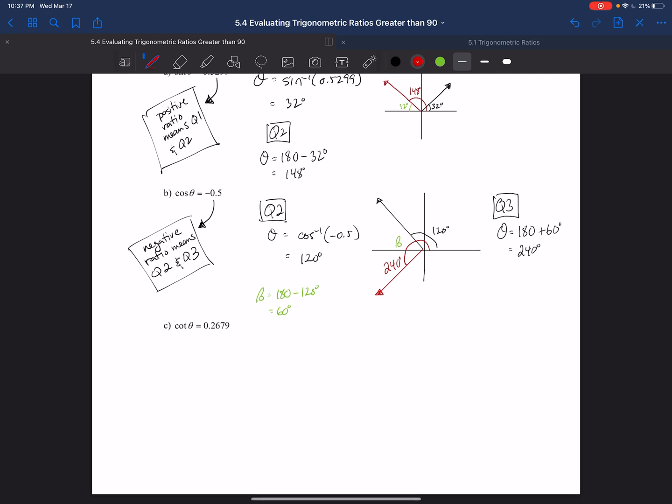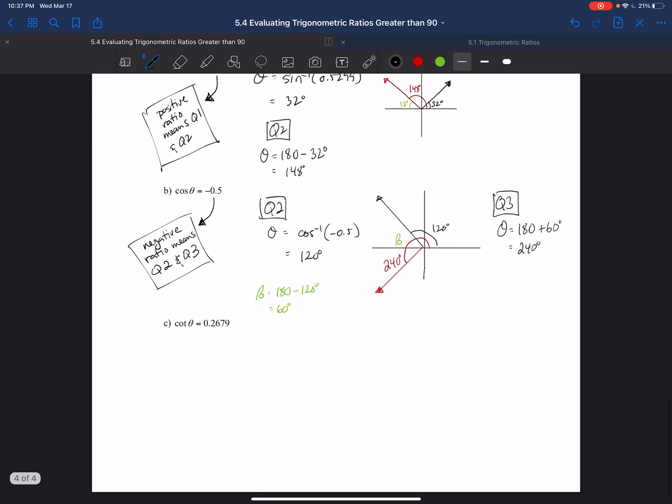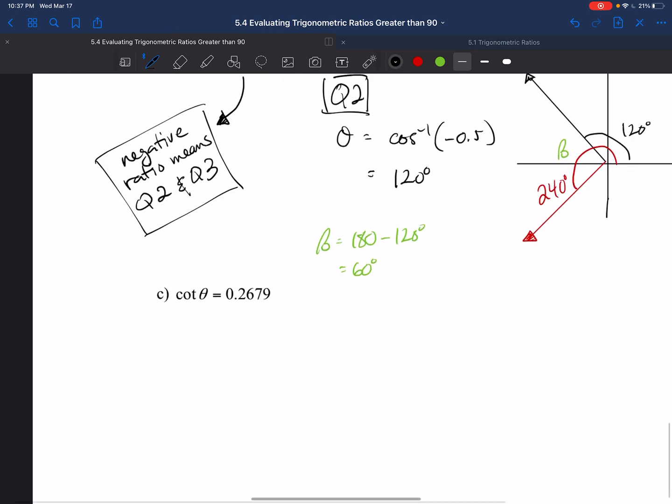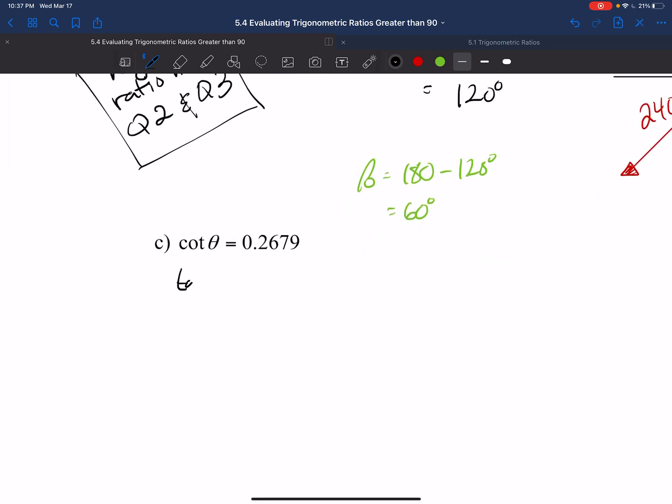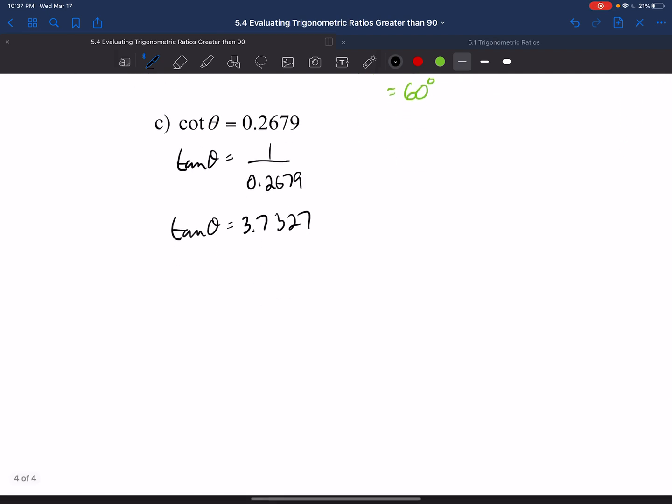And then finally, we have cotangent, but I don't have that on my calculator, so tan of theta is 1 over that. Or if I divide it, I get 3.7327. Again, I want to think about what quadrant we're talking about.